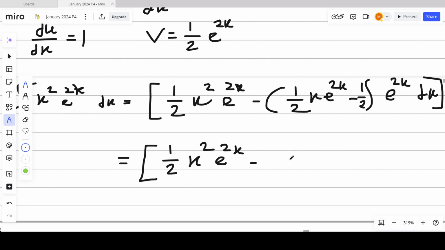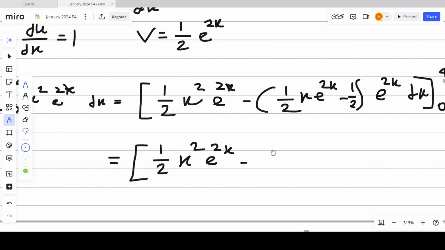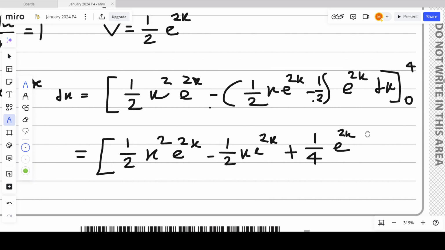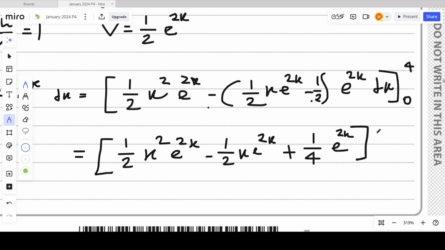We get half of x squared e to the power 2x, minus half of x e to the power 2x, and minus times minus becomes plus. The integral of e to the power 2x is half e to the power 2x, so half times half is 1 over 4, giving 1 over 4 e to the power 2x, with limits 4 and 0.